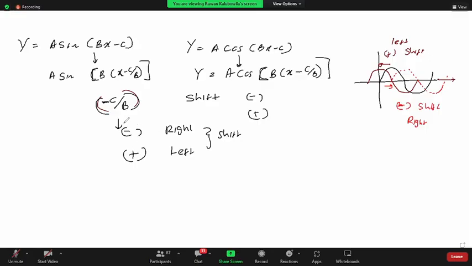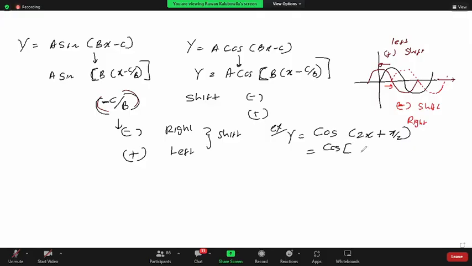Very simple. Let's take a simple example, then we can put it to our mind. What is happening? y equals cos of 2x plus 5 over 2 is the example, right? Now let's simplify this.